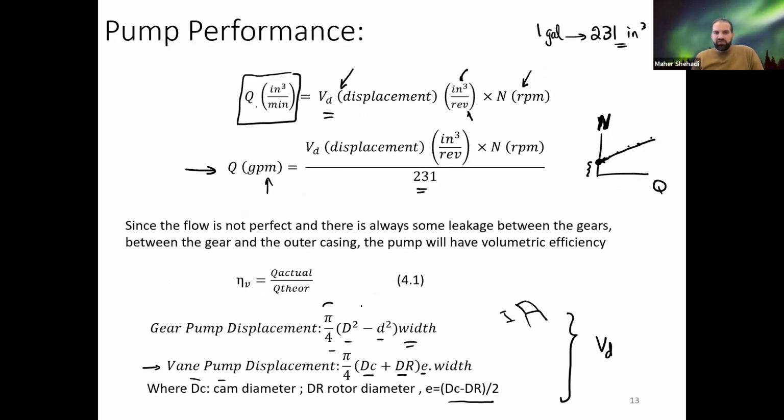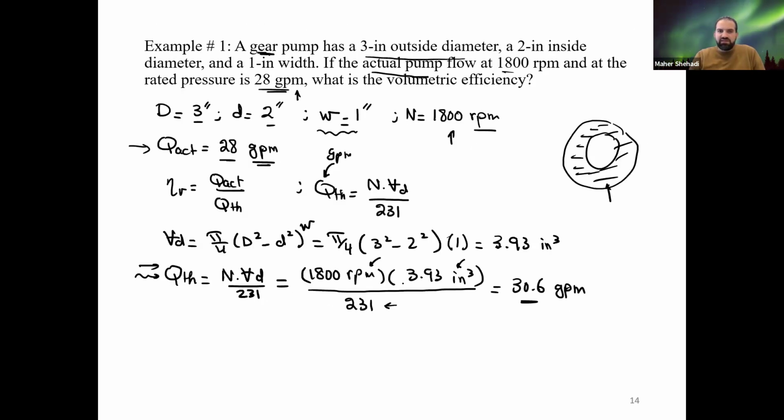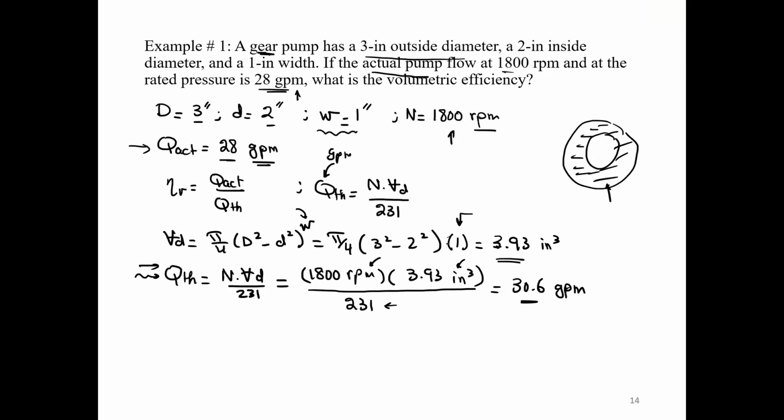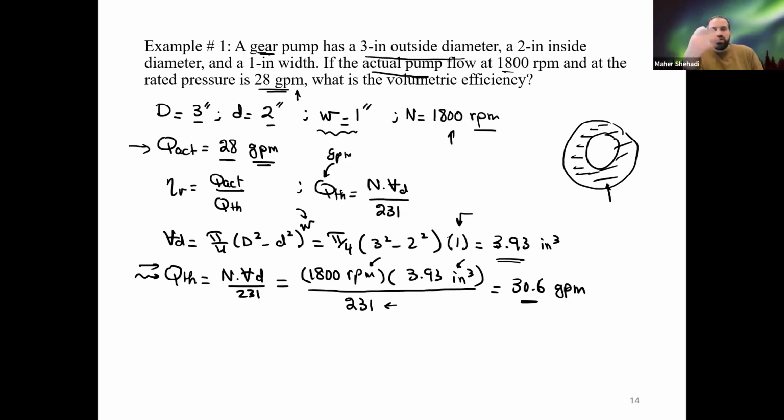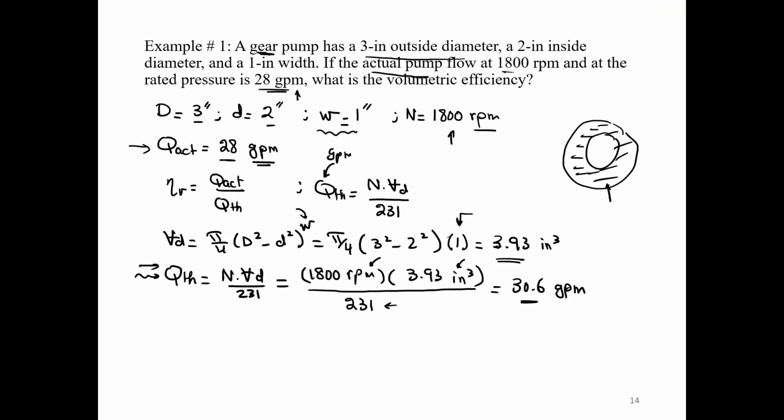Because if you just do pi over 4 D squared minus d squared, the unit here is square inches, so that's not a volume. So make sure that you put the width. If you forget to put it, you're going to get 3.93, but it's not going to affect the answer because the width was simply 1. If the width was half or 2 or any other number other than 1, then your answer would be wrong. Gotcha. Thank you.